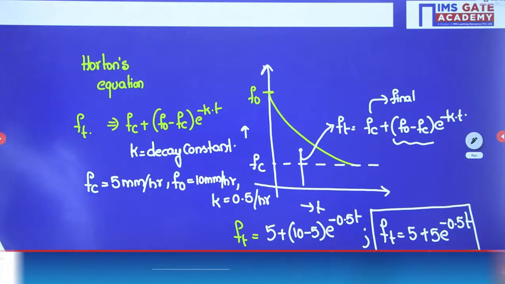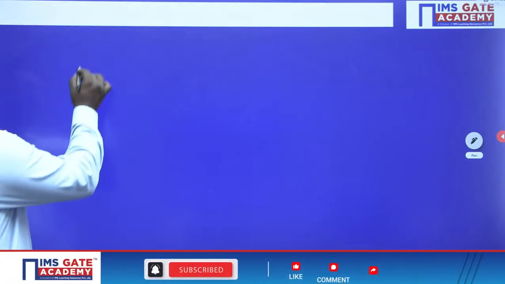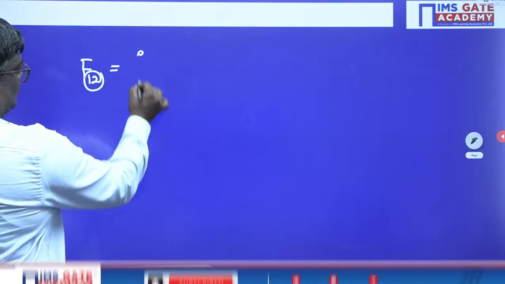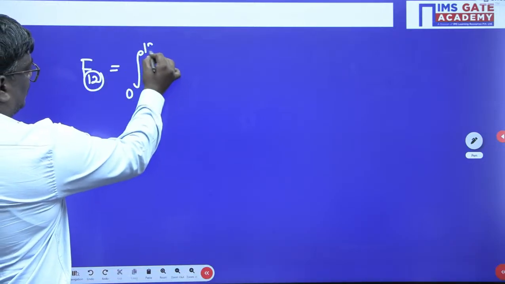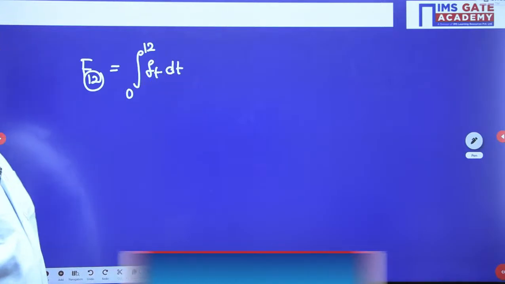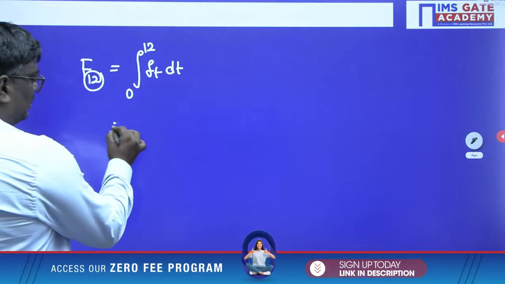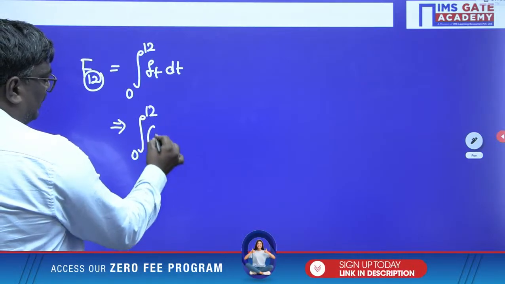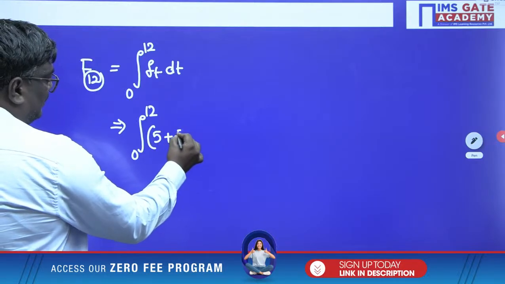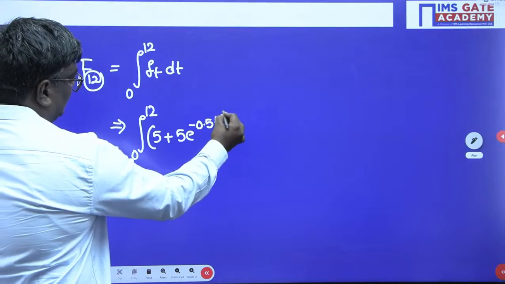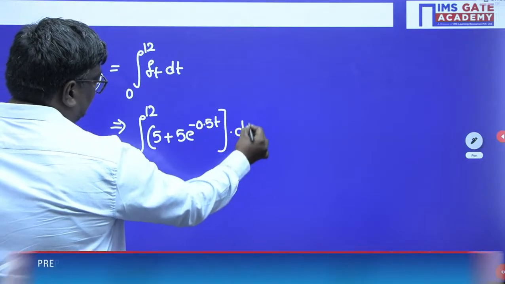Clear, sir? Now, see students, they are asking the total infiltration for 12 hours. So, you can write here integral 0 to 12 of f of t dt. So, my dear students, if you solve here, the infiltration from 0 to 12 is the integral of 5 plus 5 into e power minus 0.5 t dt, right?